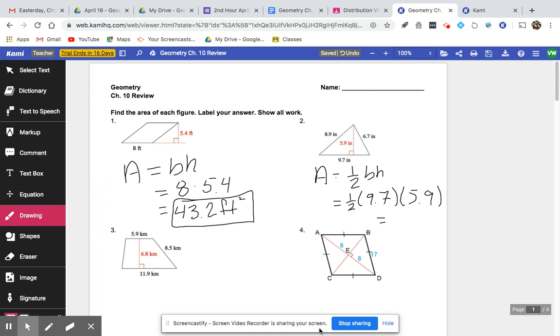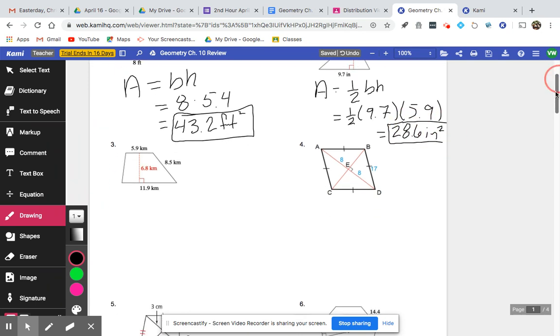Don't do that in your head. 28.6 feet. Whoops, that's not feet. That's inches. Make sure you're including not only your units, but your correct units. Inches squared. There we go. We did it. All right, let me scroll down a little bit. We're going on to number 3.